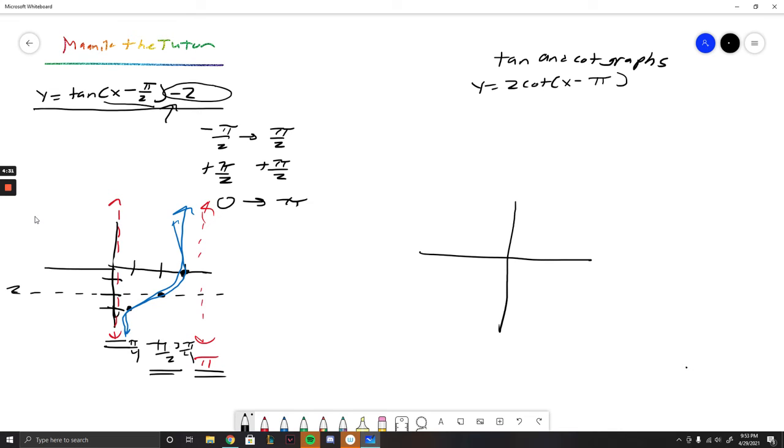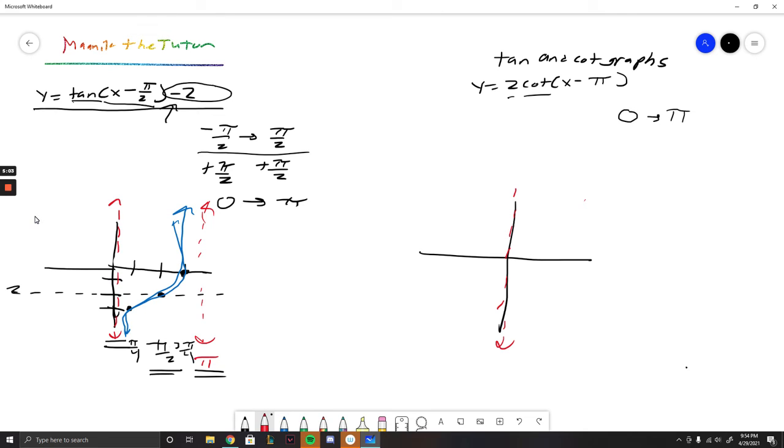One thing to notice when it comes to cotangent graphs versus tangent graphs is that the asymptote placement with cotangent graphs is actually going to be 0 to pi. The period is still pi, like here. However, one of our asymptotes is on 0. So let's draw this asymptote.